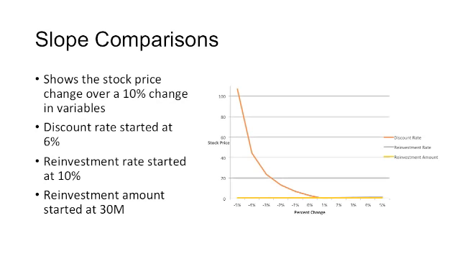And as you can see, the discount rate, this orange line right here, has the largest slope. So that's where we're going to find the most change in our stock price. Whereas the other two, you can barely even see the reinvestment rate behind the reinvestment amount. But those changes are so small compared to the discount rate that no matter how much money you throw at reinvesting or the rate that you change it to, really isn't going to make that much of an effect on the stock price.